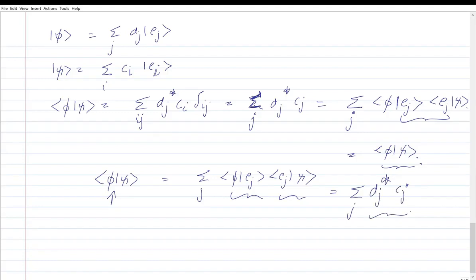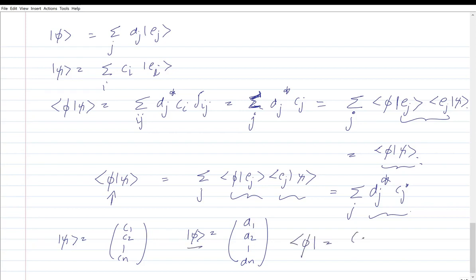Yeah, so we've already done with representation. I represent the ket as a column of coefficients, and I'll represent the other vector as d1, d2, and so on. Now, the bra corresponding to the ket over here is just a row vector, complex conjugated.